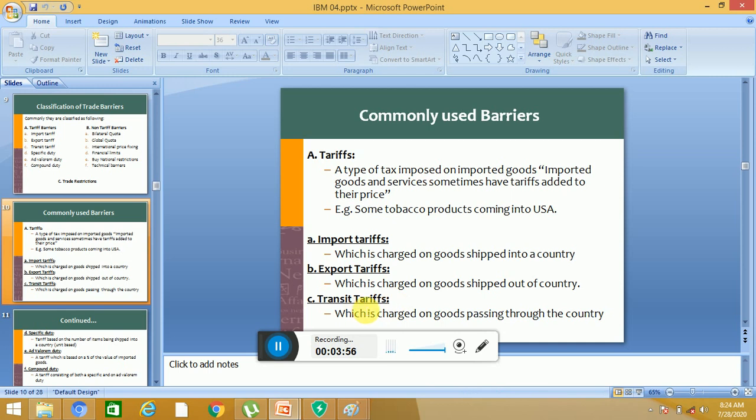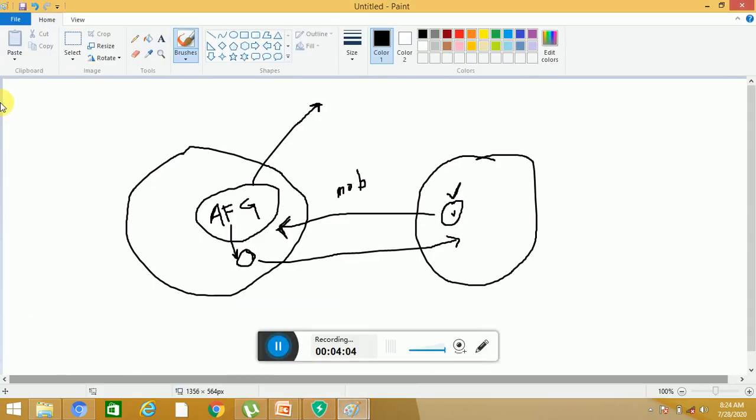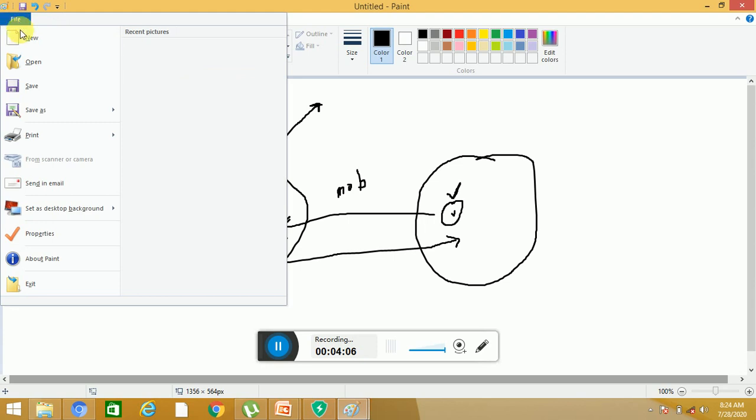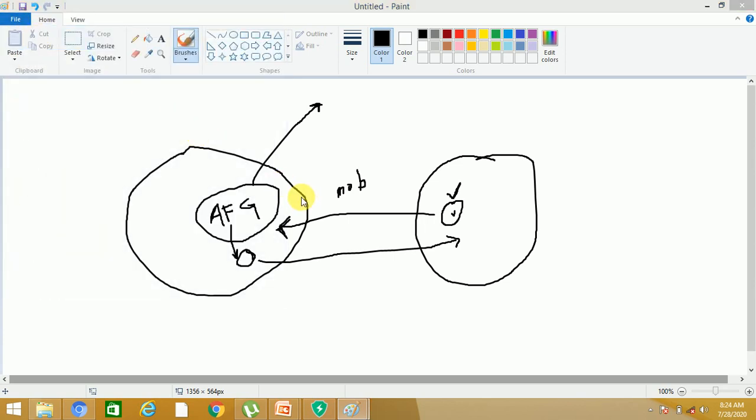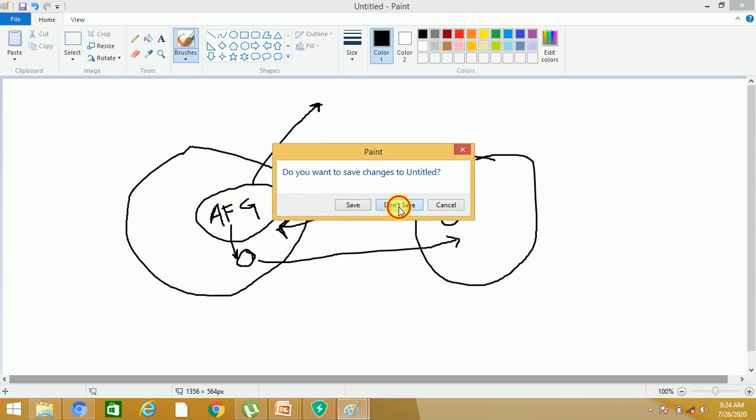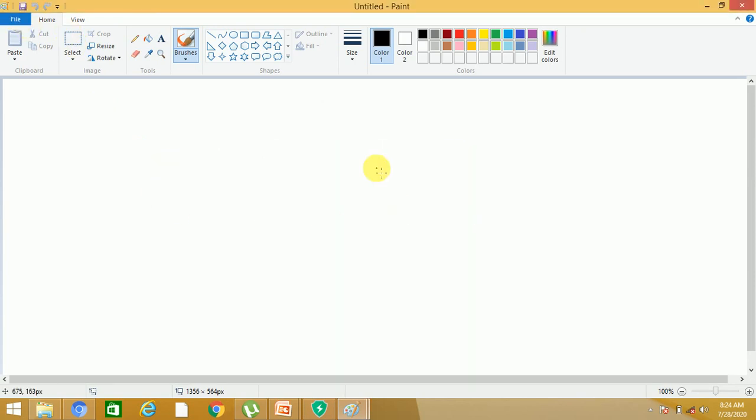Transit tariff is another type of tax which is charged on goods passing through the country. Suppose this is Afghanistan, and here is a country.